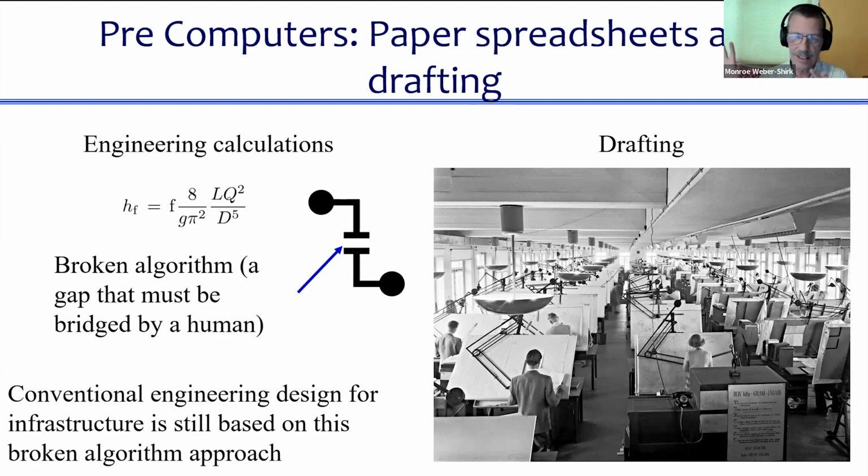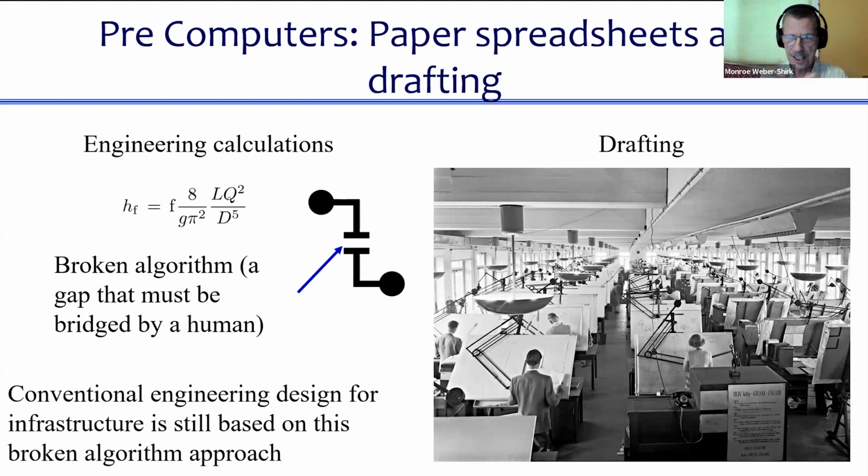And then in a separate room, there was a bunch of drafters, mechanical drafters, who were drafting those designs and creating those sketches. And if you think about these 2 rooms, a room of engineers with spreadsheets and a room of drafters with their drawing tables, in between those 2 rooms, there was presumably an engineer or a manager who carried information from one room to the other room.